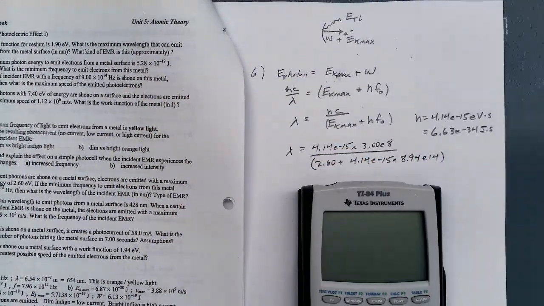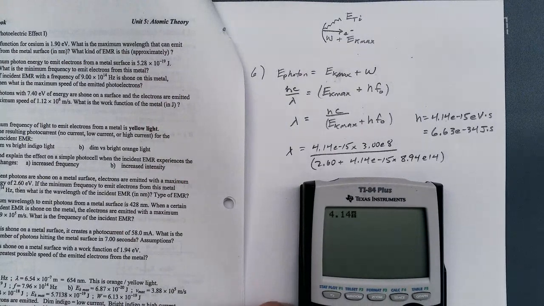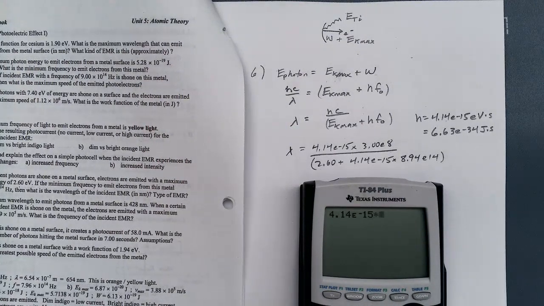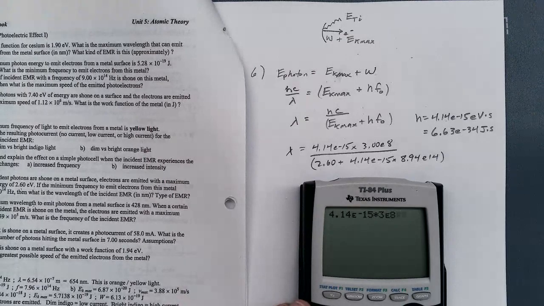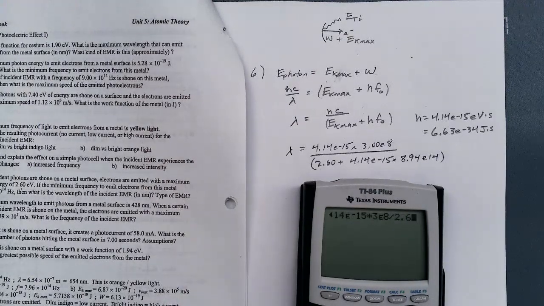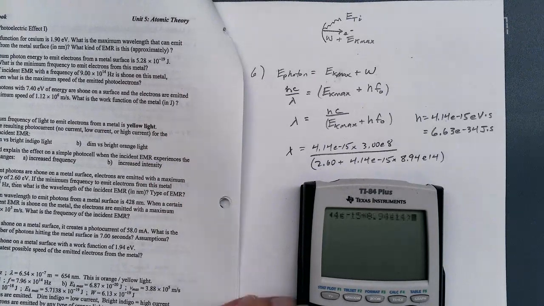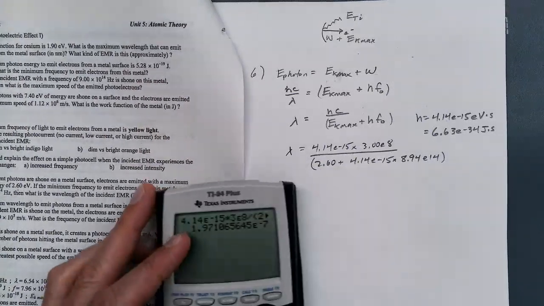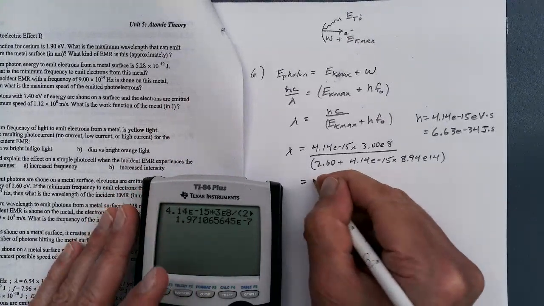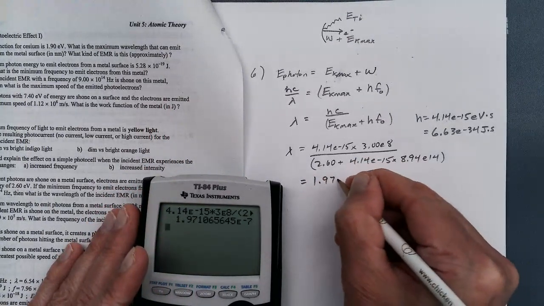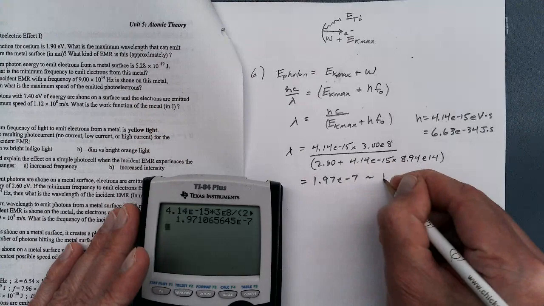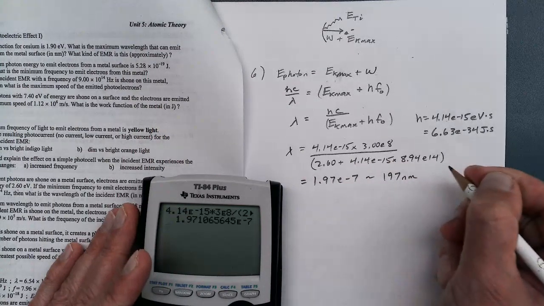Okay, let's try out the calculation. Pardon me, bracket there, 2.6 plus 4.14 exponent negative 15 times 8.94 exponent 14. All right, 1.97 e negative 7, which is about 197 nanometers.